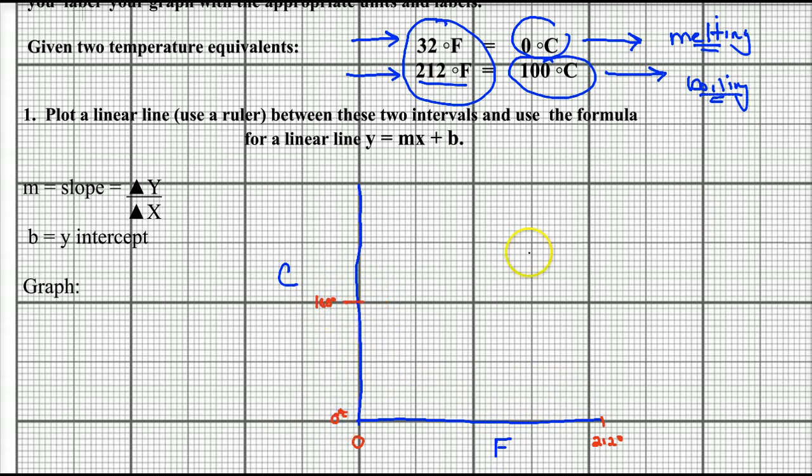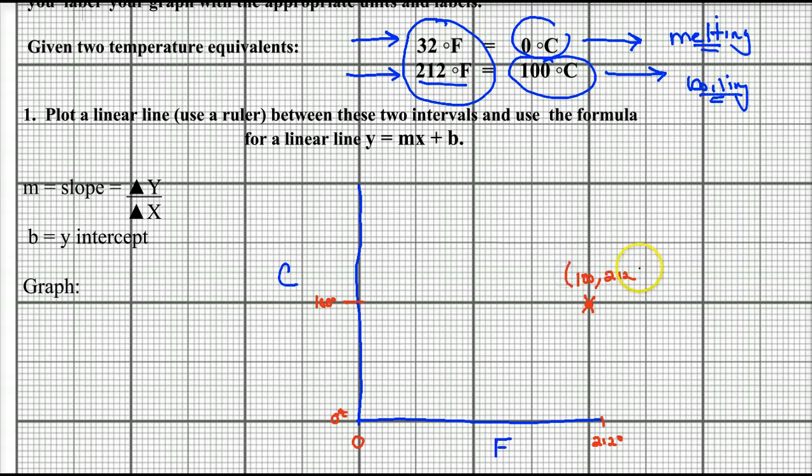So we're going to plot our points, no big deal. At 212 degrees Fahrenheit, the boiling point of water, it's also 100 degrees Celsius. So there's your plot right there, there's your one point. Remember, this is your x and y, so the point is 100, 212.